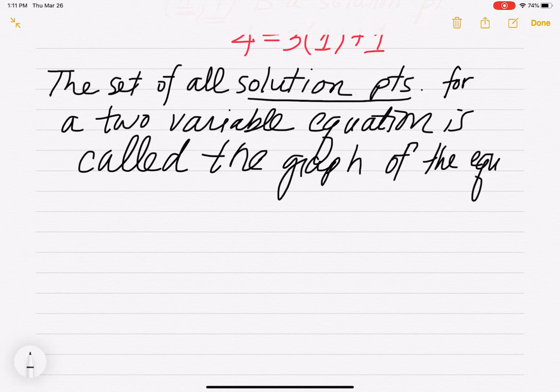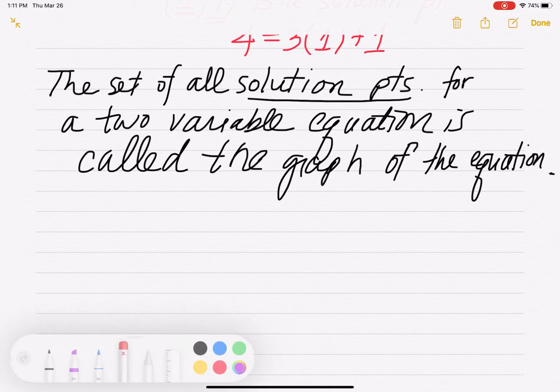So if I write down all the possible solution points to a two variable equation, I plot those, I get what's called the graph of the two variable equation. It should be singular there.